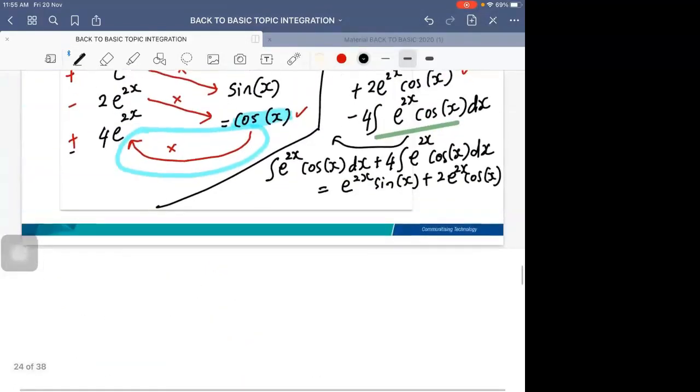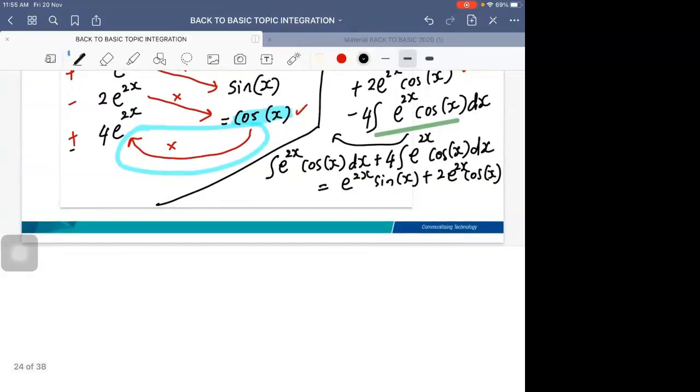Students, you look here. You have the same term. Let's say if I represent this as A, this is also A. So I have A plus 4A, so I should get 5A.